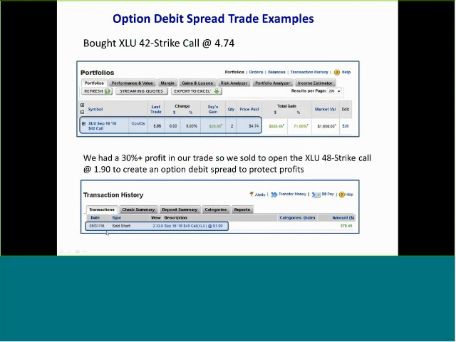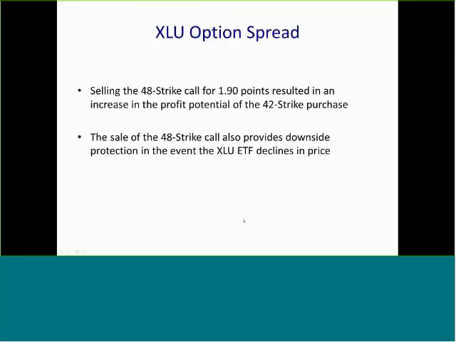So again, sold the September 48 strike call at 190. So bought the 42 strike call at 474, sold the 48 strike call at 190.